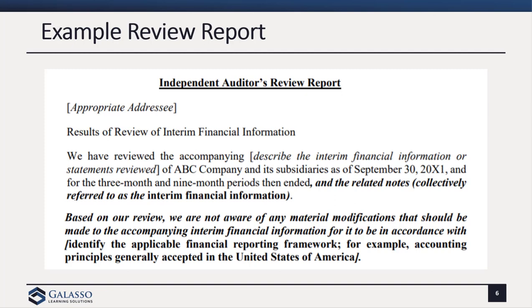Then we have our language. Again, this is a review report, so based on our review, we are not aware of any material modifications that should be made to the accompanying interim financial information for it to be in accordance with, and then you would identify the framework, so GAAP would be an example there. So very similar to SAS 134, opening paragraph, and then our results, because we are not giving an opinion here, we're just giving the results.